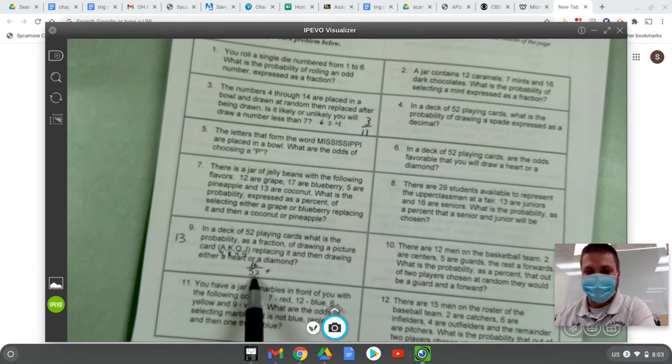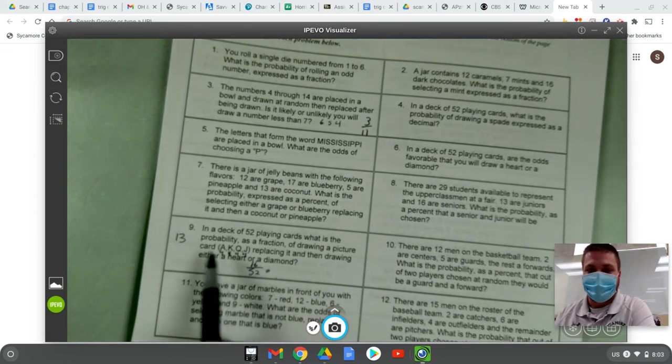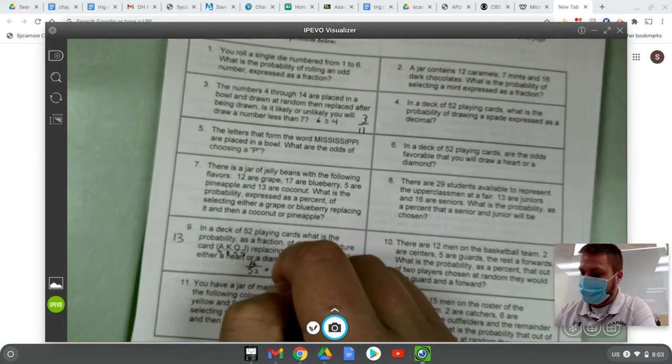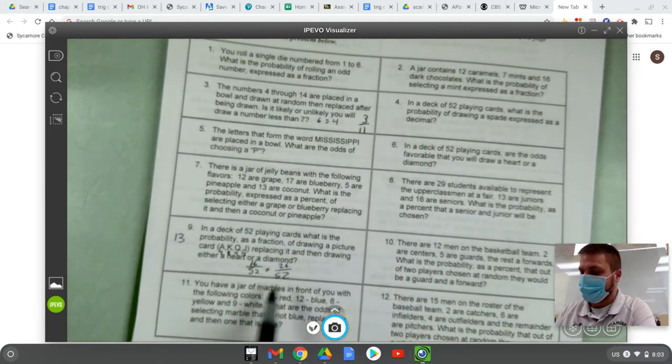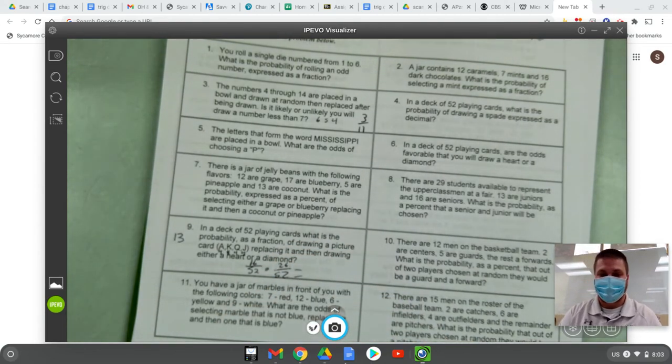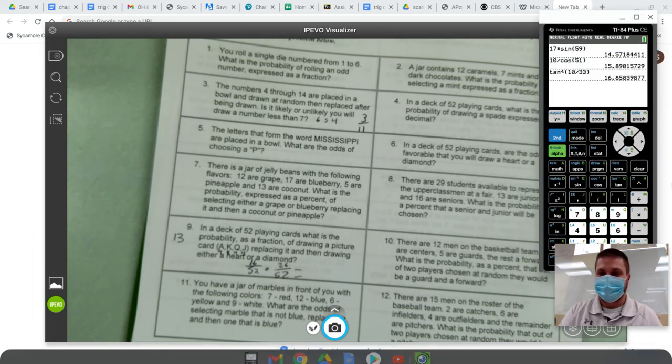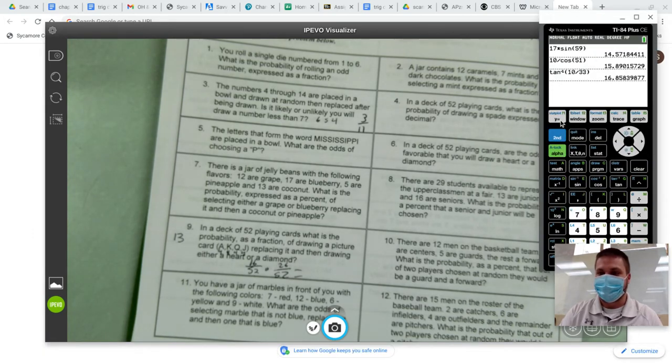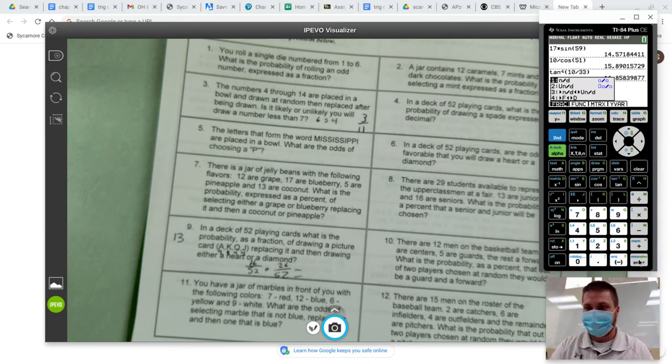Then you replace it, so there's still 52. If you didn't replace it, there would only be 51 cards left. Now, what's the probability of drawing a heart or a diamond? There are 13 of each, so that's 26 over 52. You multiply both of these together to get the actual probability. I'll use my calculator to help with this.